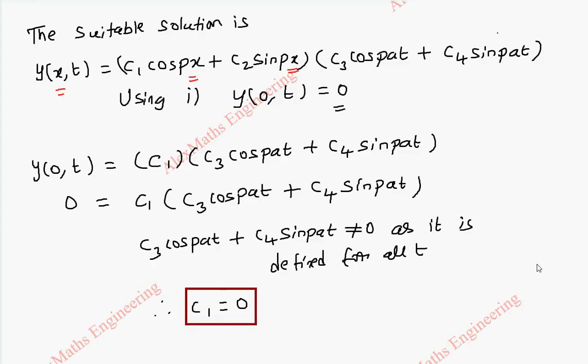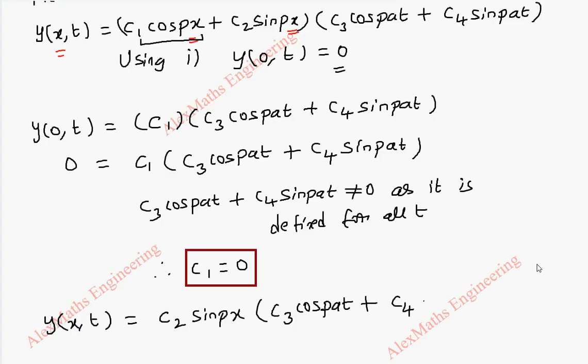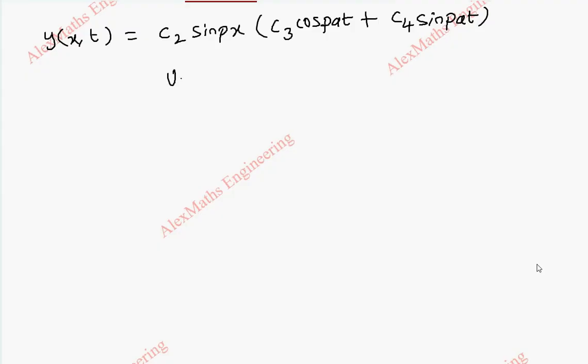Substituting that in our solution, we get y(x,t), when c1 is 0, this first part will be fully 0. We will have c2 sin px into (c3 cos pat plus c4 sin pat). Now let's use the second condition, y(L,t) = 0.